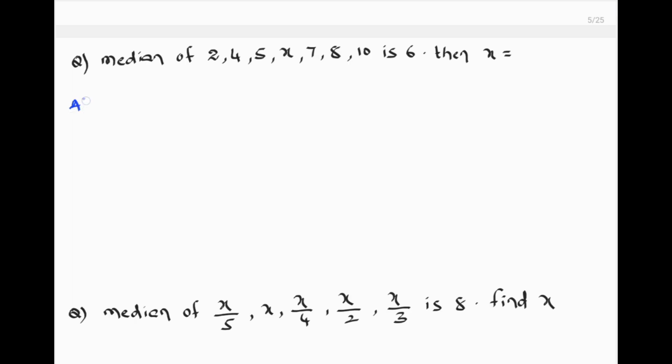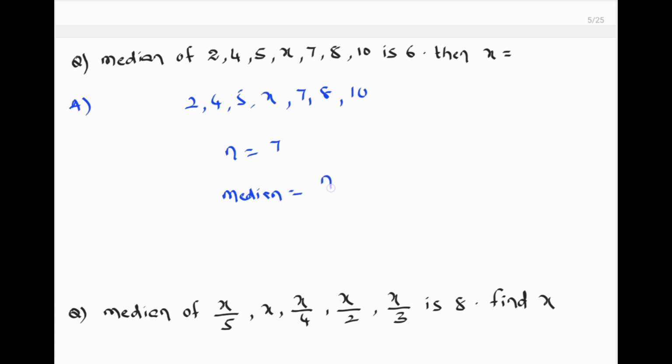Now finding the median from the given observations. The given observations are 2, 4, 5, x, 7, 8, 10. Here the number of observations n is 7. What is the median formula?